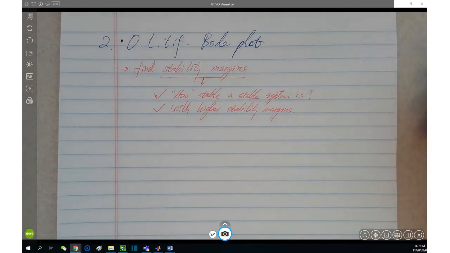Does anyone have any thoughts? Say system A has a higher stability margin than system B. Then what are you expecting from system A over system B? Any thoughts? Anything?